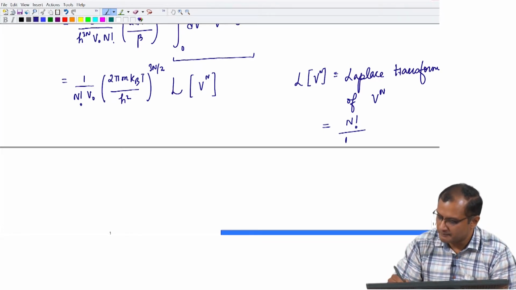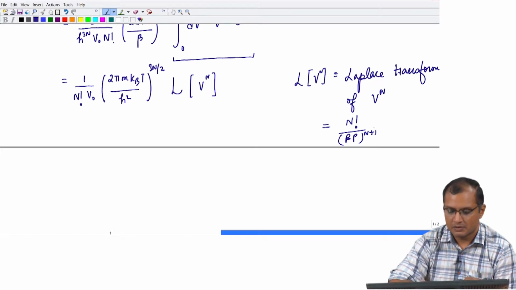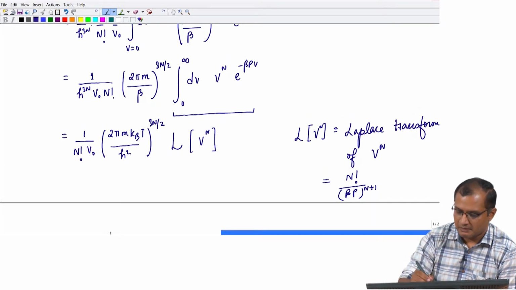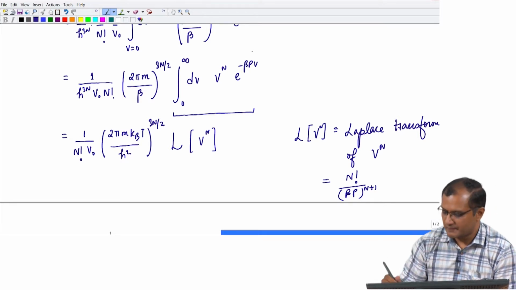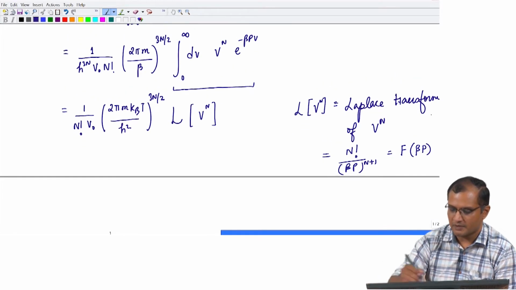Now, a here is beta p. Okay. So, the variable a or s that you take in the Laplace transform is actually a function of beta p, it is already beta p here.